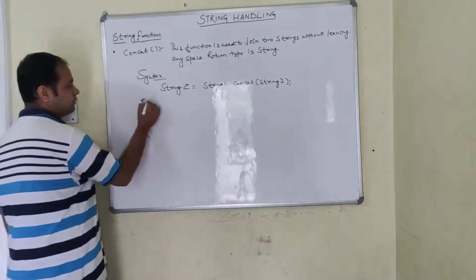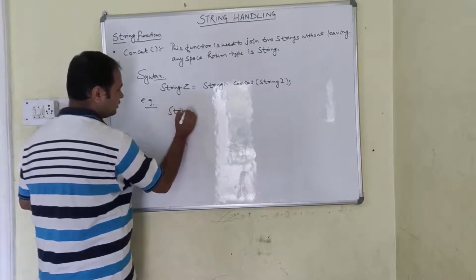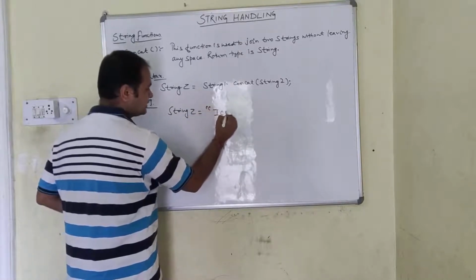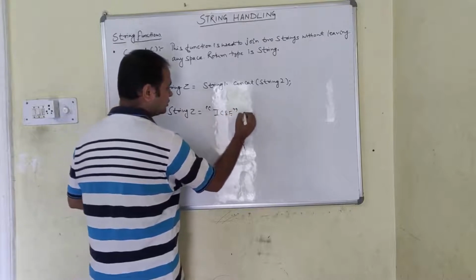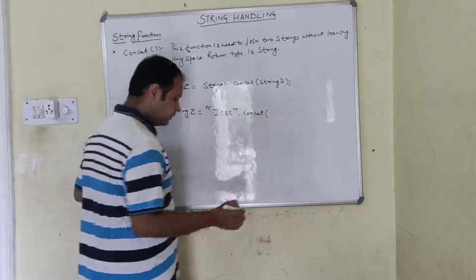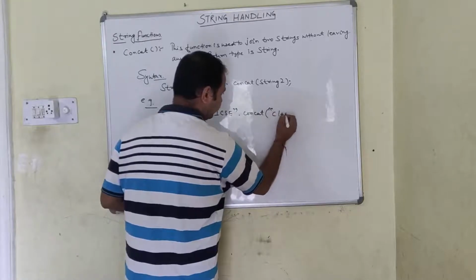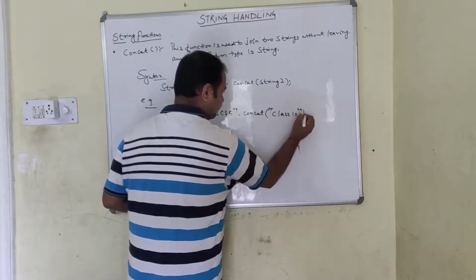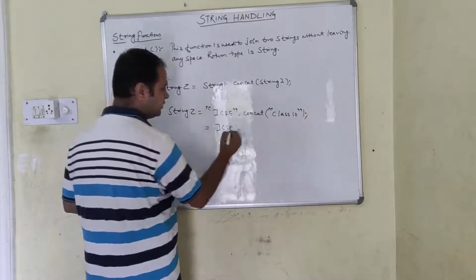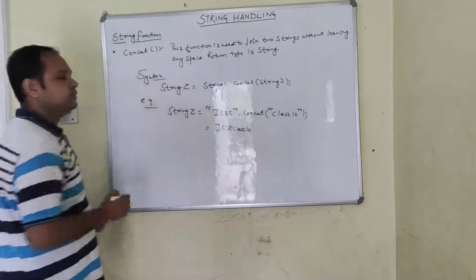For example, string z equals, suppose I write string 1 as ICSE dot concat, and within the quotes of string 2 I write class 10. No space will be left, so the output will be ICSEclass 10.